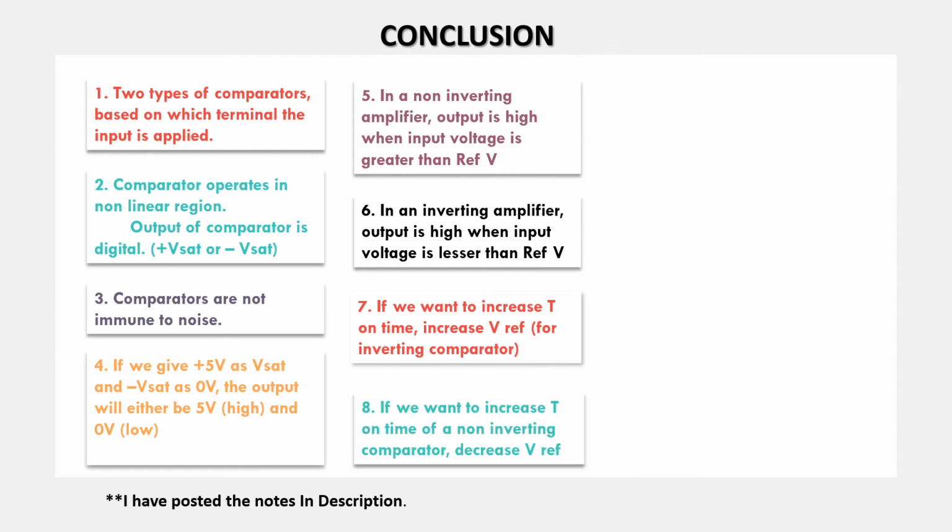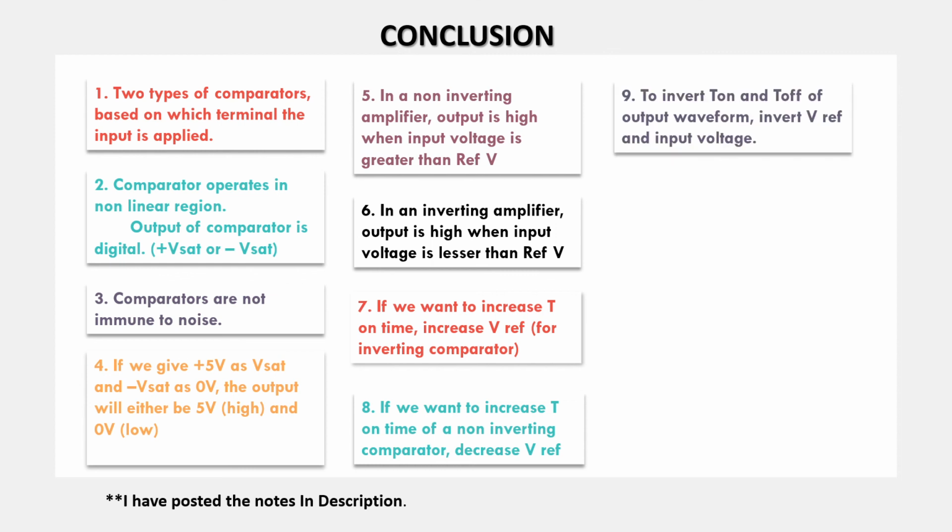Similarly, if we want to increase the on time of the non-inverting comparator, we need to decrease the reference voltage. From the second solved problem, we have understood that to invert the on time and off time of the output waveform, we need to interchange the V reference and the input voltage.